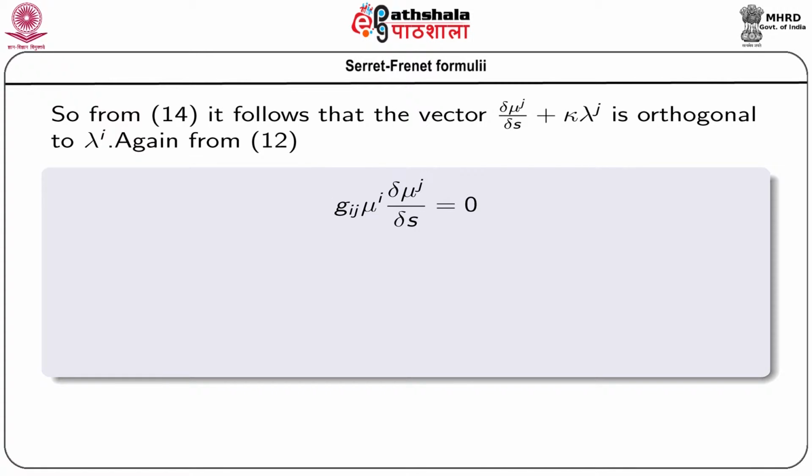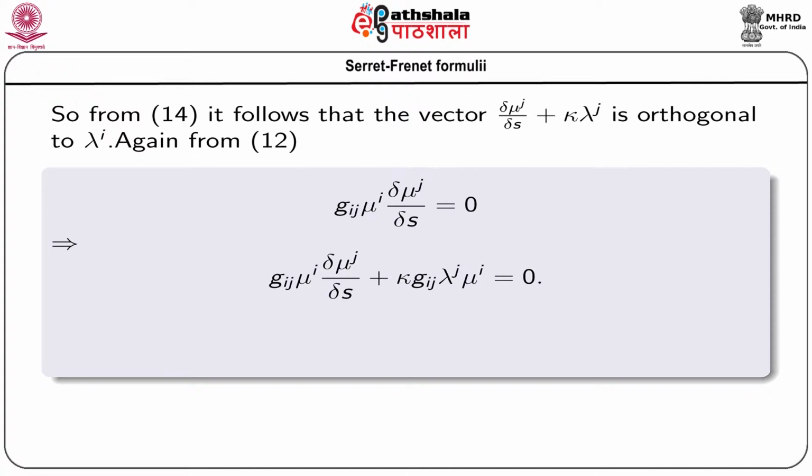Now, from 12 we have g_ij μ^i ∂μ^j/∂s equal to 0, just as we have deduced it, and this equation can be written in this form also: g_ij μ^i ∂μ^j/∂s plus κ g_ij λ^j μ^i equals 0, because g_ij λ^j μ^i is itself 0.